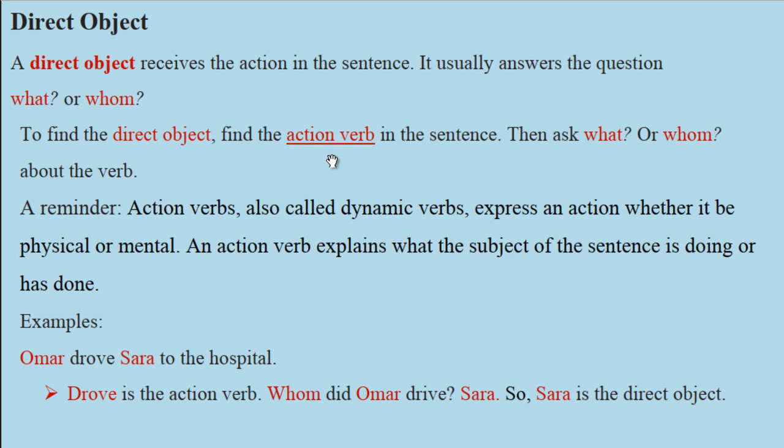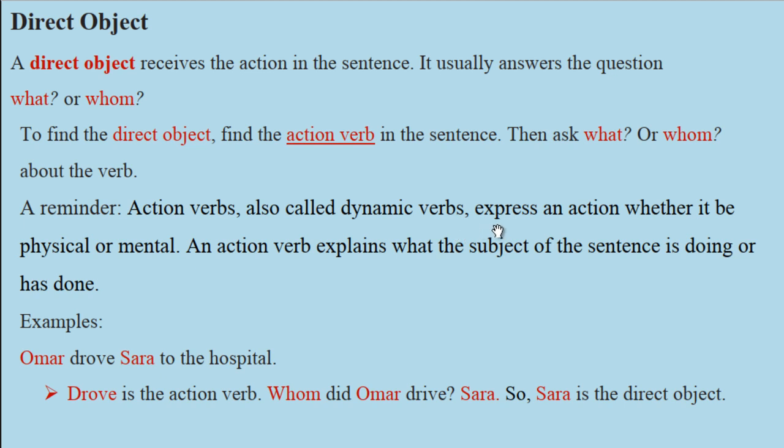You have to find the action verb, then ask what or whom about the verb. When you find the action verb, you ask the question what or whom about that verb. Just a little reminder, action verbs: I already did a lesson on stative verbs and dynamic verbs, also called dynamic verbs.